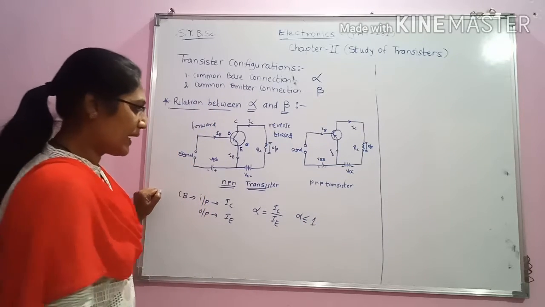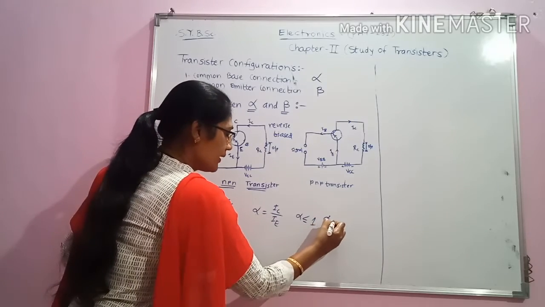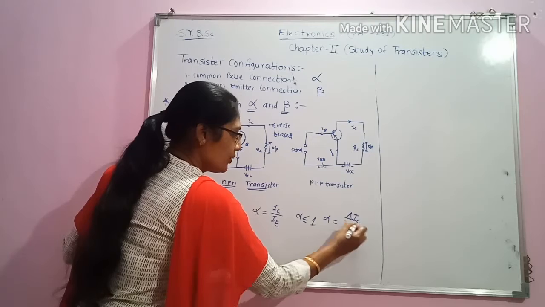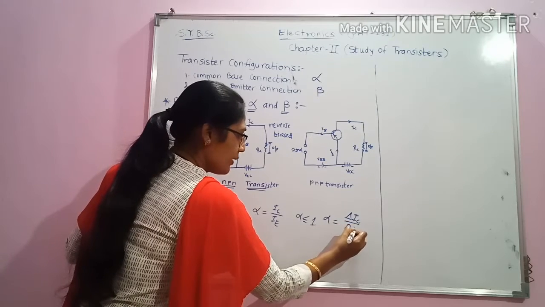Also, this same formula can be written as change in collector current to the change in emitter current.